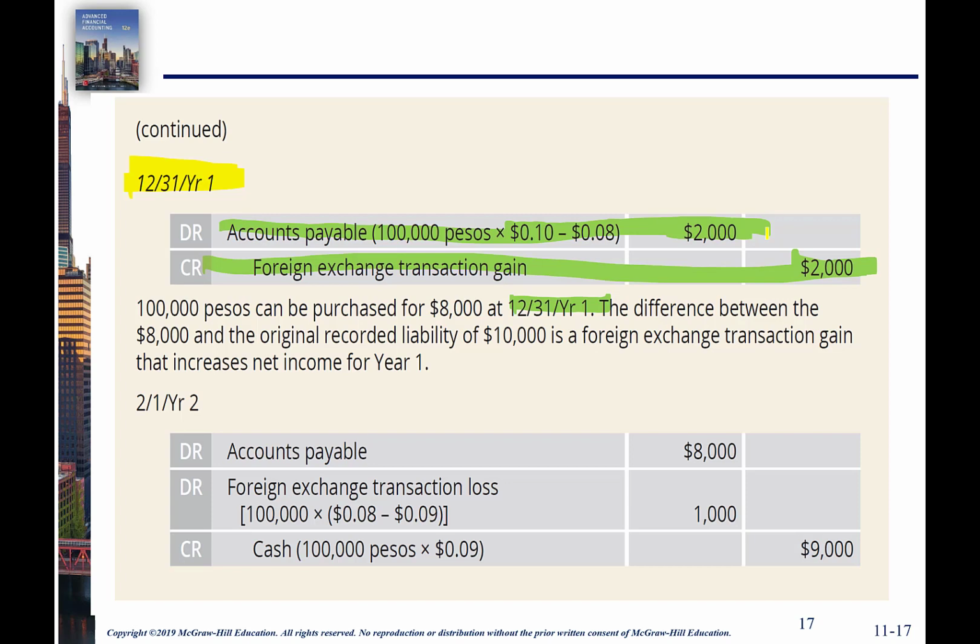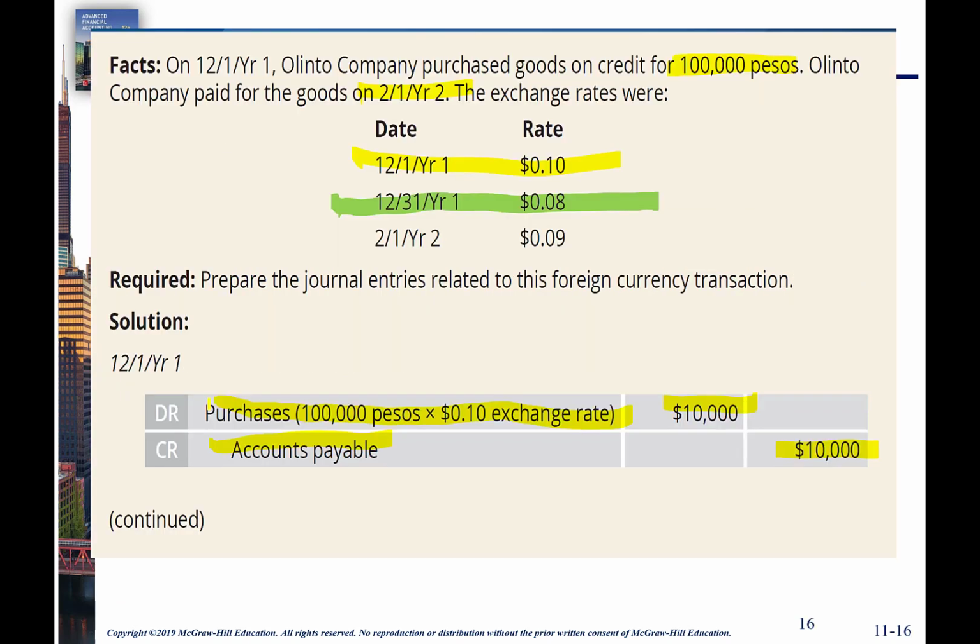And then we finally settle this thing on February 2nd. By then, we look and the rates have moved a little bit against us from the balance sheet date at the end of year one to the settlement date, February 1st, year 2.